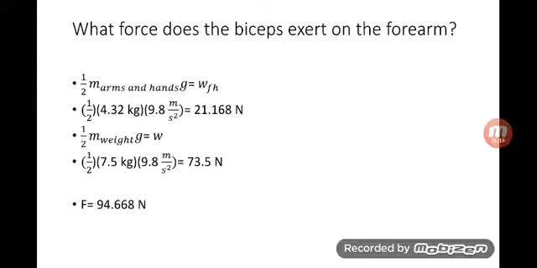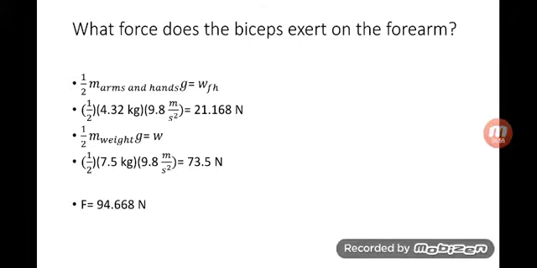So 1/2 of 4.32 kg times 9.8, you get 21.168 newtons, which is the force of the arms and hands, and the weight the person is lifting, which is 1/2 of 7.5 times 9.8 meters per second squared, or simply the weight, which is 36.75 newtons, and you get the force.